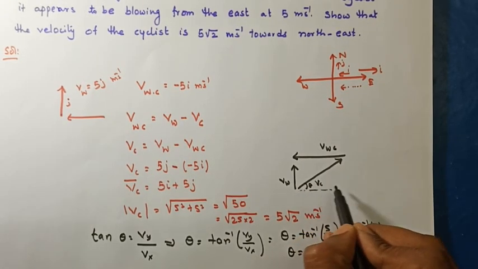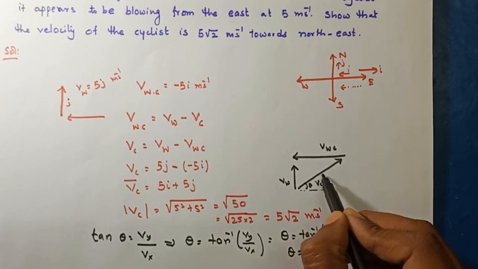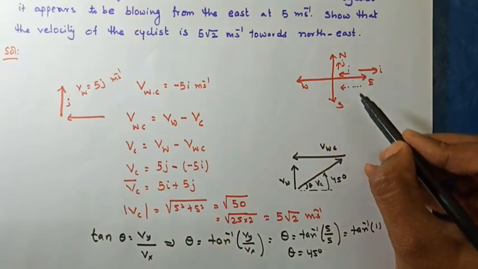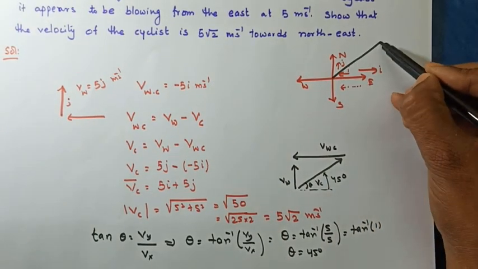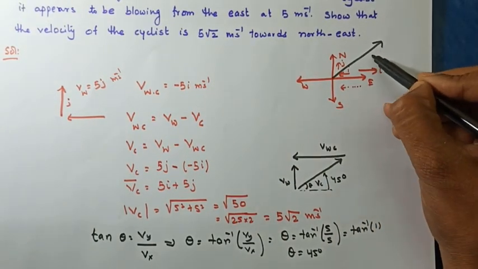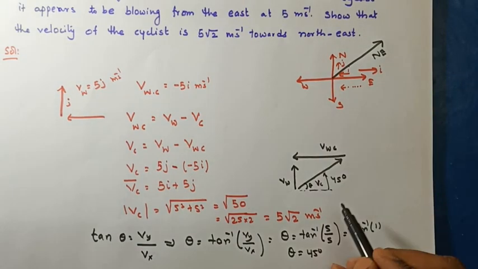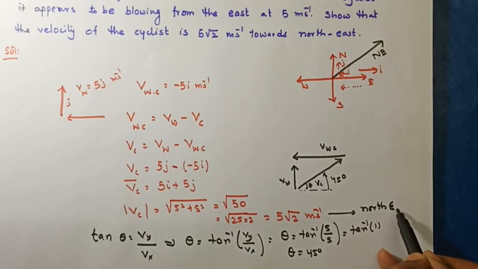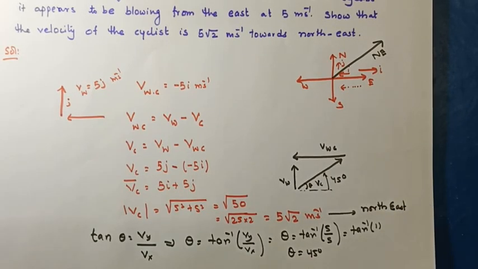What is the meaning of it? This is called northeast. So we write it as northeast direction, 5 root 2 meters per second. Just pause the video and try to understand, and you'll get the complete idea on the vectors concept.